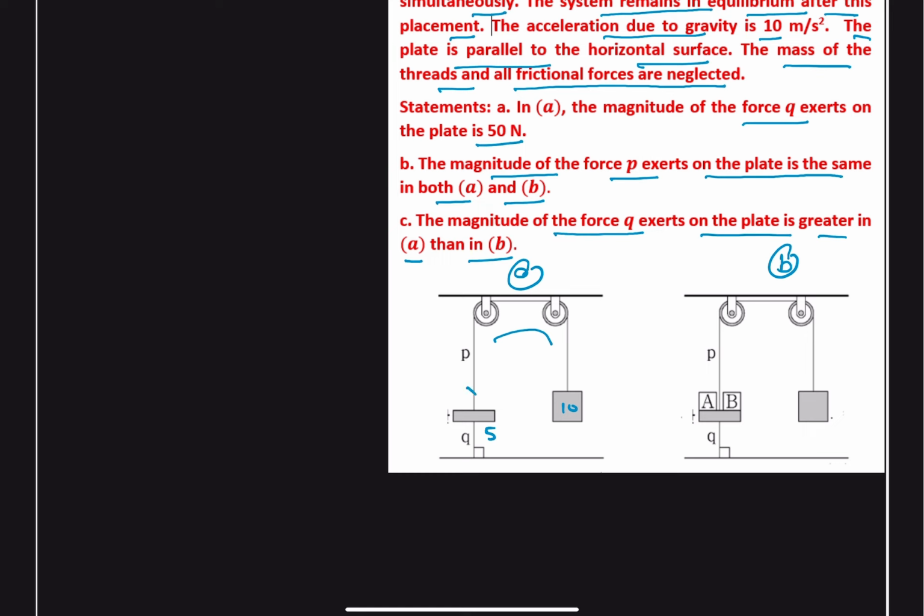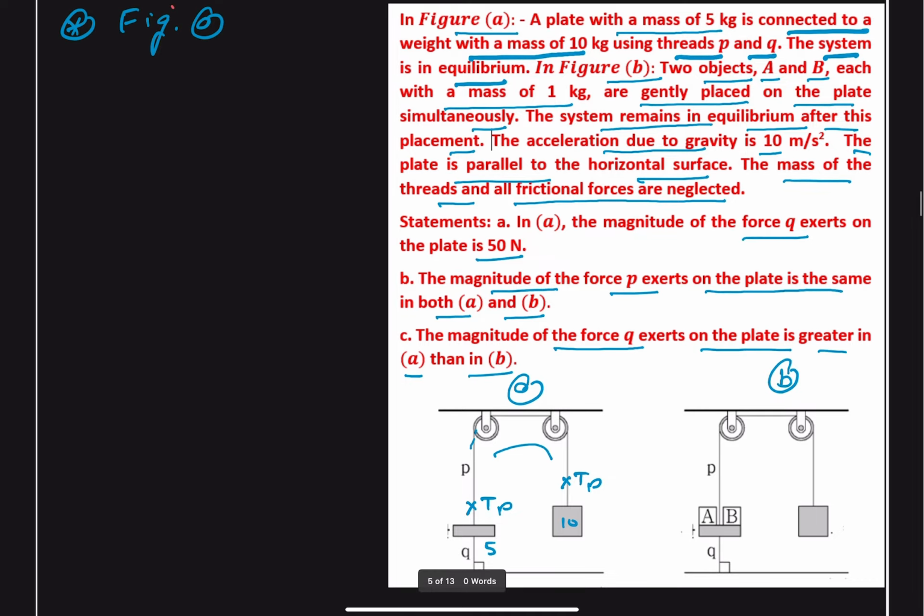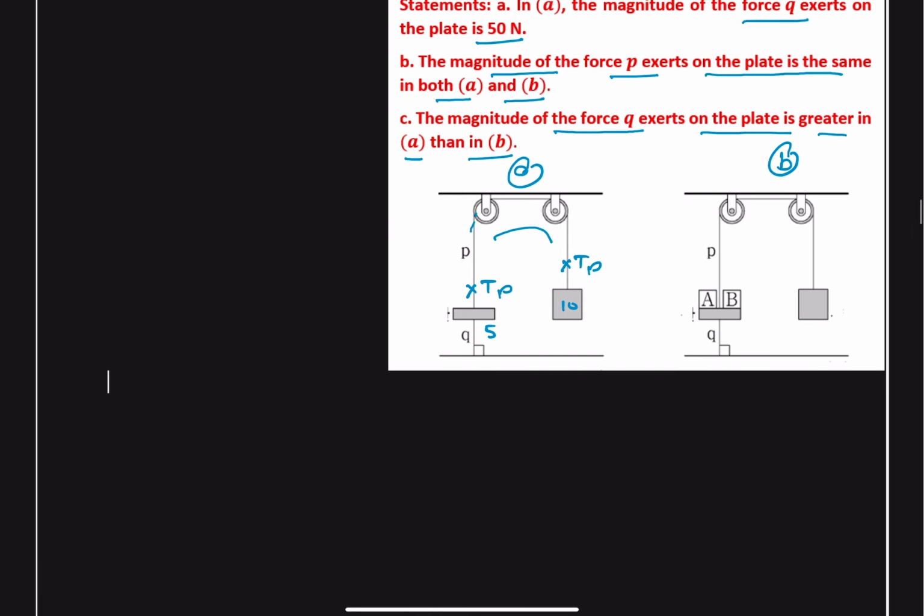As this is a single string and the 10 kg mass is connected with the 5 kg mass with the same string, obviously on both sides there will be a tension of Tp. For the 10 kg mass in the downward direction, we have a force equal to mg, where m is 10. As the entire system is in equilibrium, Tp is equal to mg for the 10 kg system.